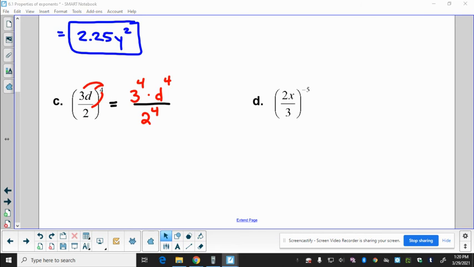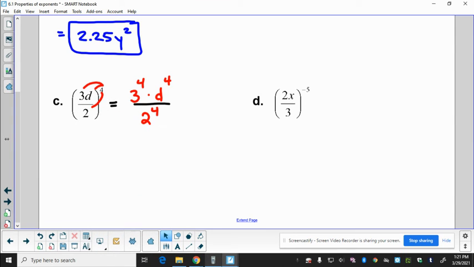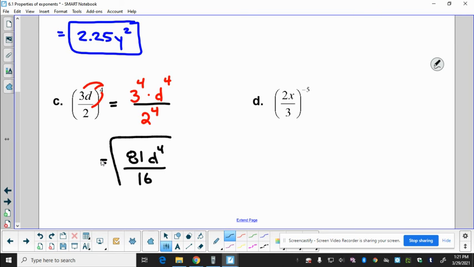I need to figure out what 3 to the 4th is and what 2 to the 4th is. 3 to the 4th power is 81. 2 to the 4th power is 16. So that's 81 over 16. Okay, so here's my answer. 81 d to the 4th over 16.